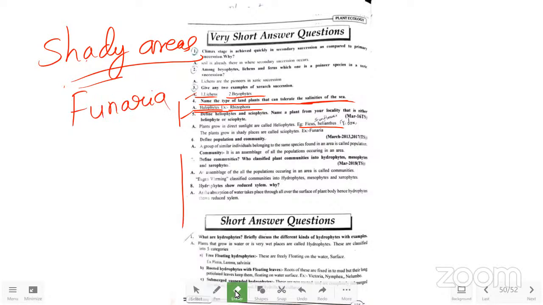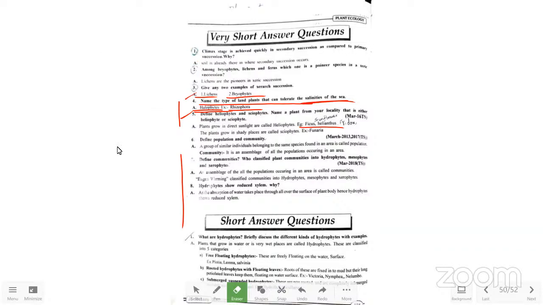And the next question. Define communities and the population. So in this, we have to give the definition for the population as well as the community. What is meant by population?